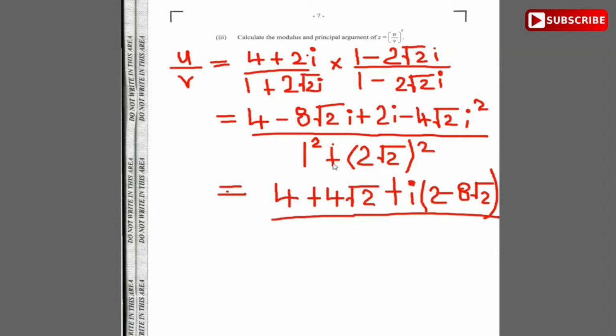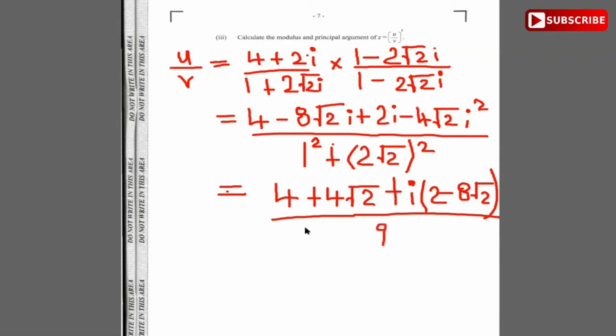You put that in a calculator: 2 root 2 squared plus 1 squared, that's 9. So that is u over v.